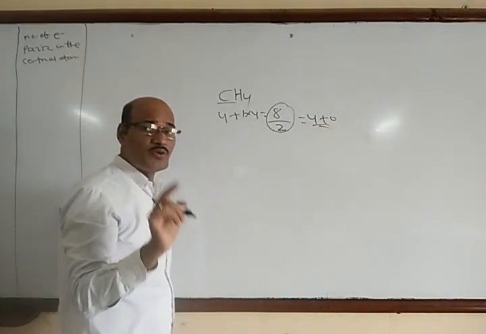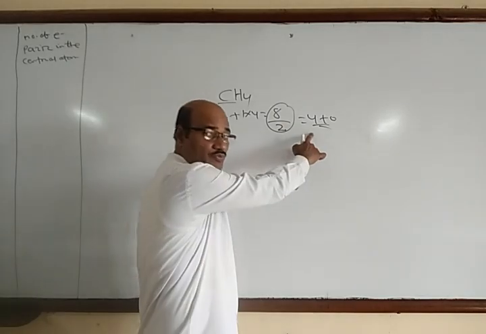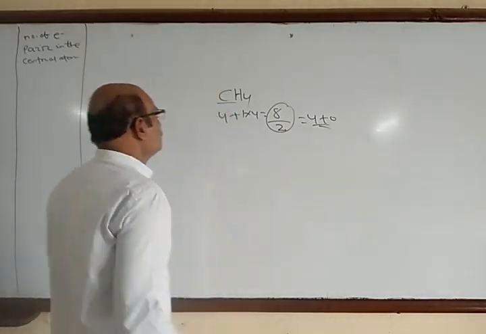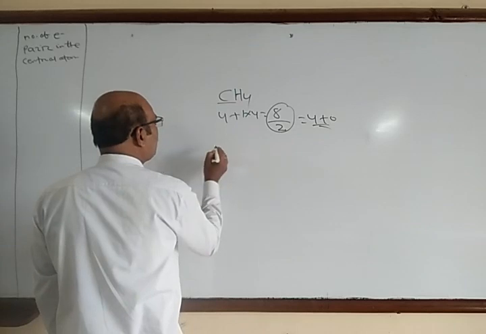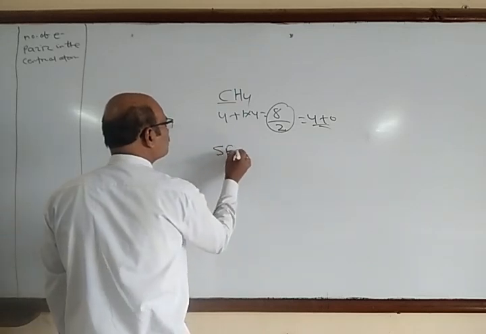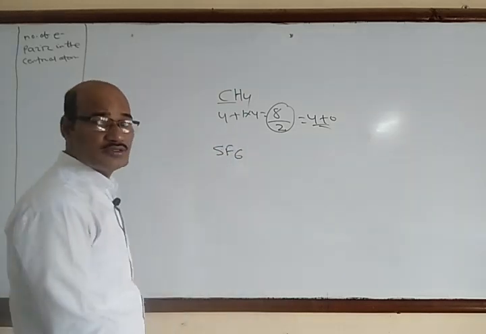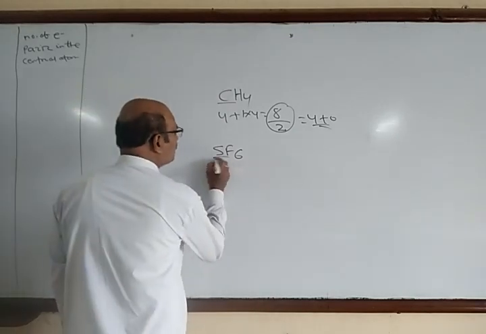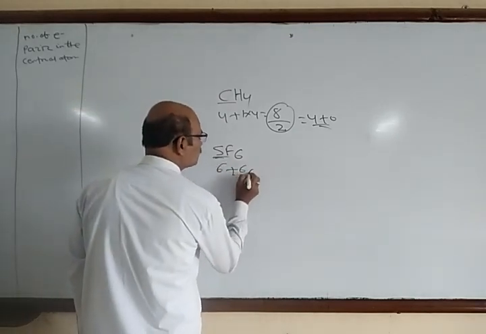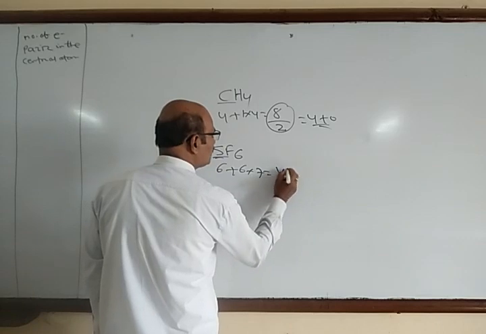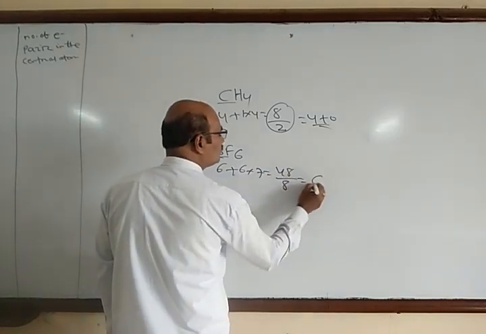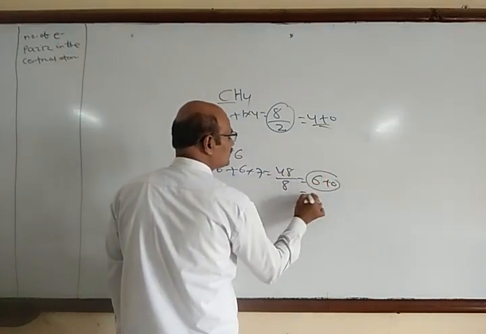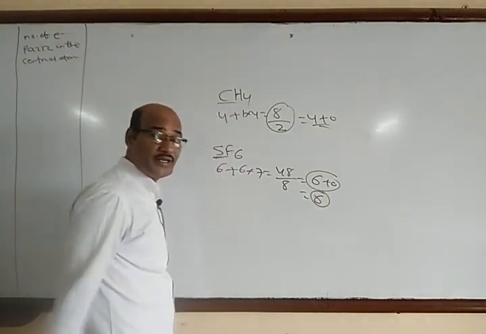So the number of electron pairs is 4 here. Okay. Suppose I have SF6. Sulfur 6 plus 6 into 7 equals 48. 48 by 8 equals 6 plus 0, that means 6 is the number of electron pairs here.